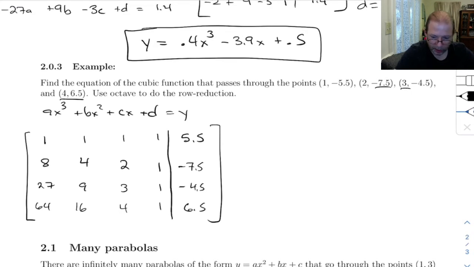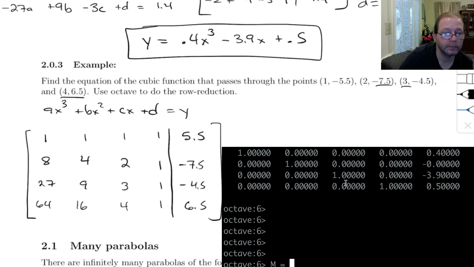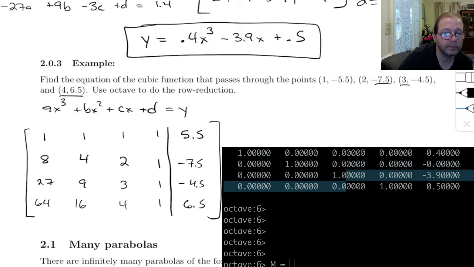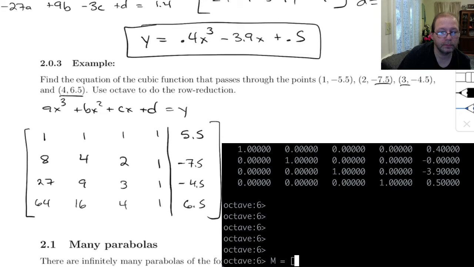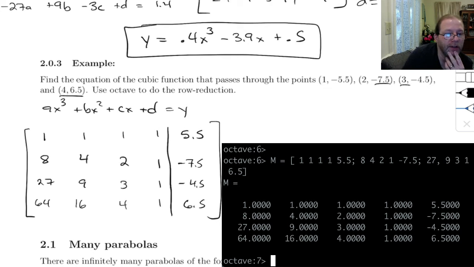So let's stick this in Octave and see what we get. All right, that matrix looks correct.